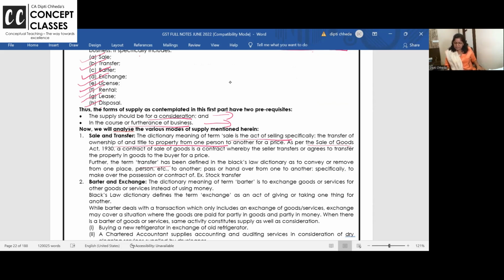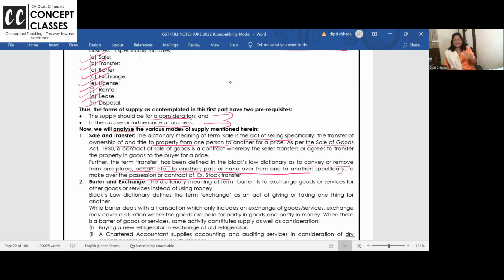Transfer has been defined as to convey or remove from one place or person to another, specifically to make over the possession or contract. Stock transfer: transfer of goods from Hyderabad manufacturing unit to Mumbai selling counter is taxable. GST is leviable. ठीक है?